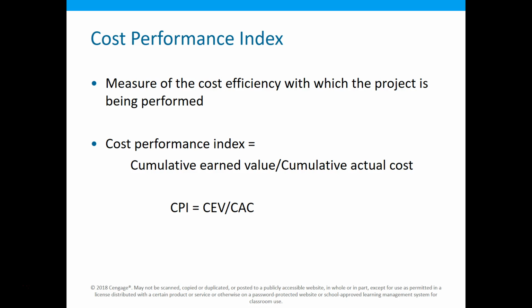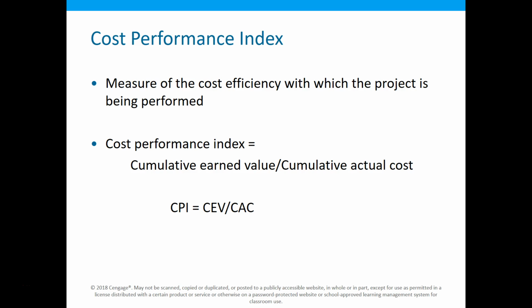So the first value we're going to have is something called a CPI, or Cost Performance Index. If you have your cheat sheet out, you can use that also. I will say that cheat sheet is allowed on the final. CPI is CEV, cumulative earned value, divided by cumulative actual cost.